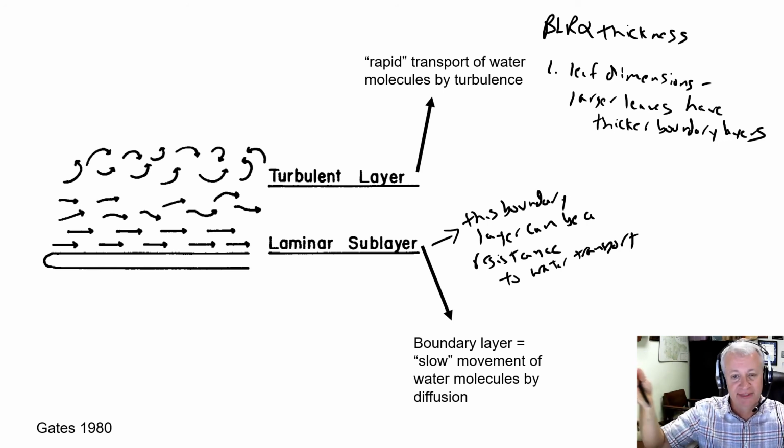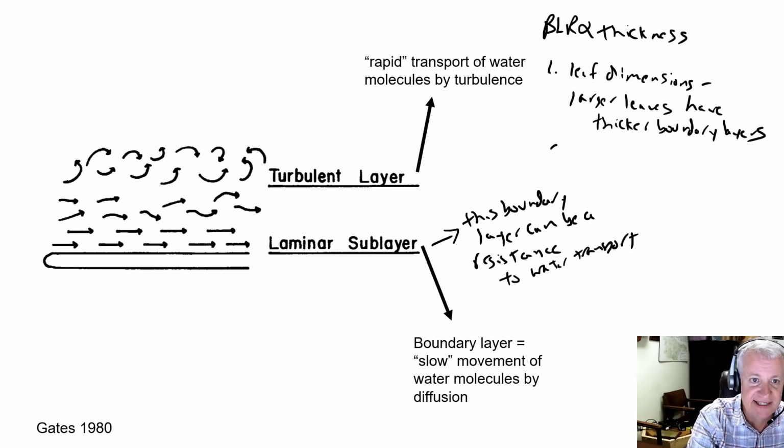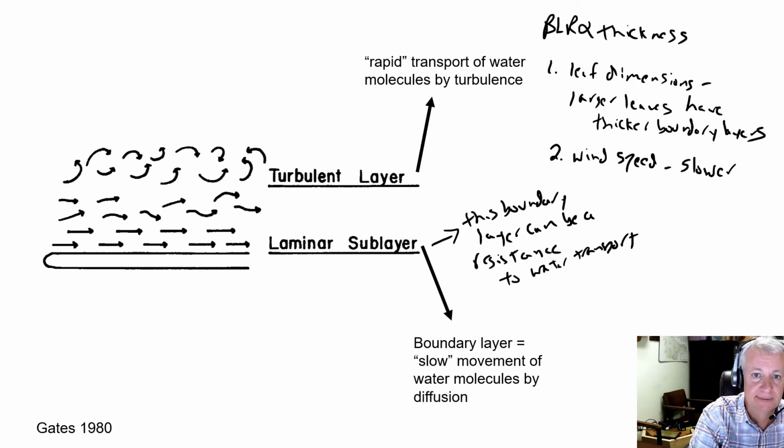So all other things being equal, larger leaves tend to have greater boundary layer resistance. And then second is wind speed. Slower wind speeds lead to thicker boundary layers.